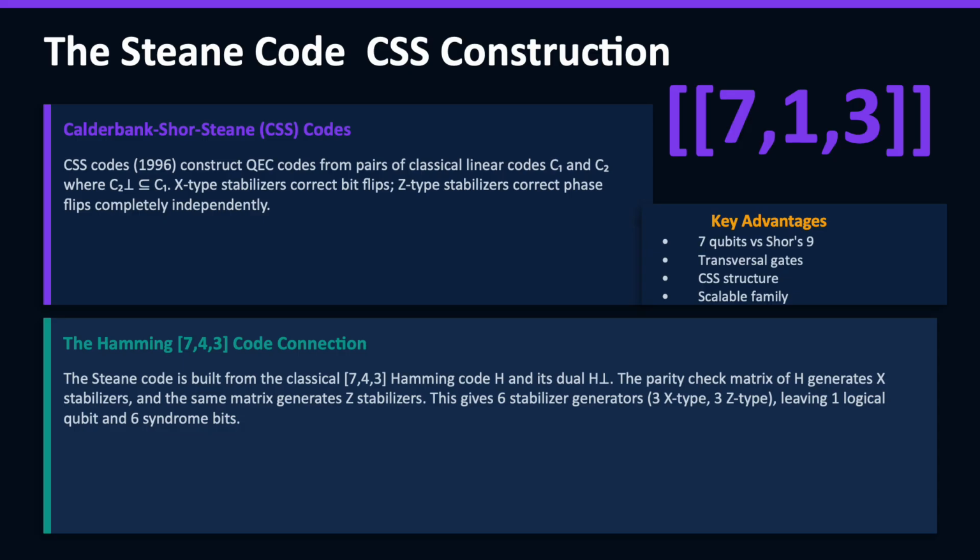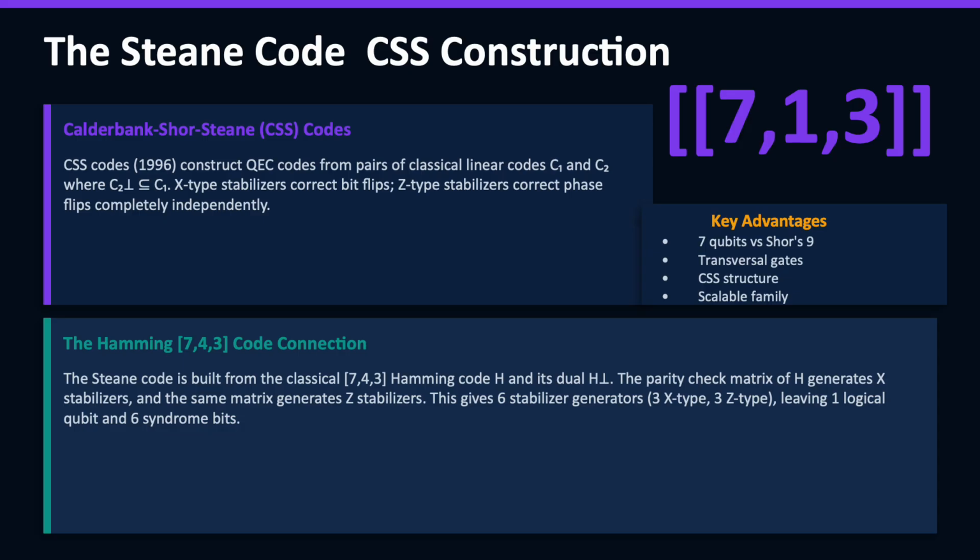The key mathematical insight behind the Steen code and the broader family it belongs to is that bit flip errors and phase flip errors, while physically different, can be addressed using the same kind of mathematical structure. The code is built so that its error detection scheme looks identical for both types of errors.